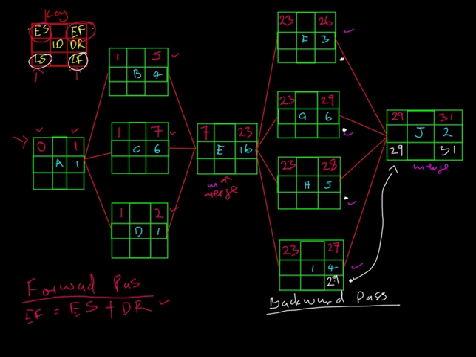Once we have this, to calculate the late start, the late start is equal to the late finish minus the duration. All right, that's how we're going to get our late start. So therefore here we are saying 29 minus 4 to get 25.